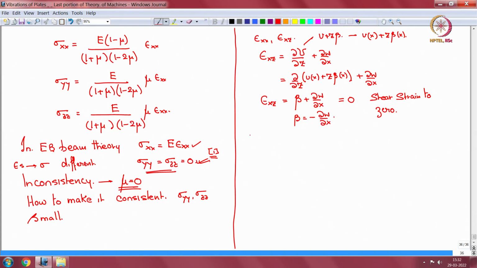Okay, and so for pure bending, which is what Euler Bernoulli beam is, that means this axial displacement is 0 throughout. Okay, then my capital U is equal to minus z del w by del x.